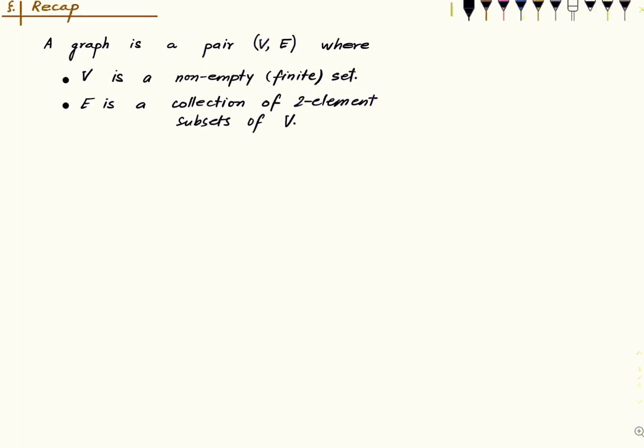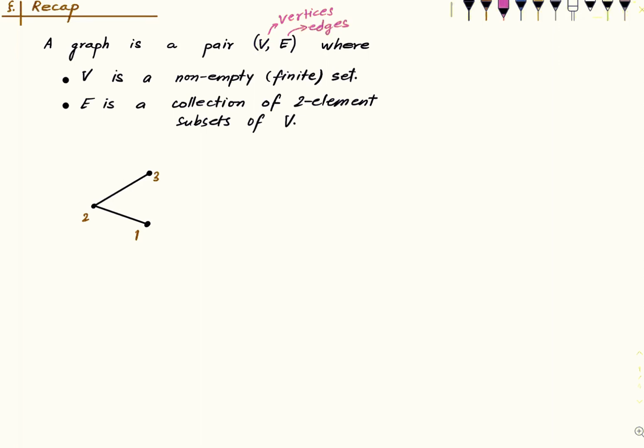Okay, and we saw that one can pictorially represent any graphical data. So let's say we have these three vertices. The things here are called vertices, or V is called the vertex set, and these are called edges. We discussed that.